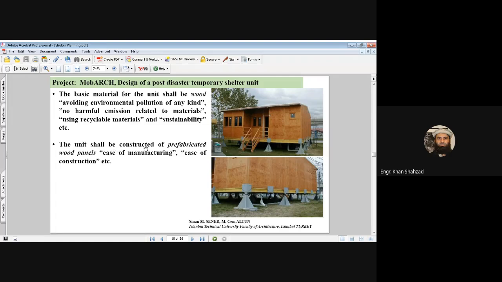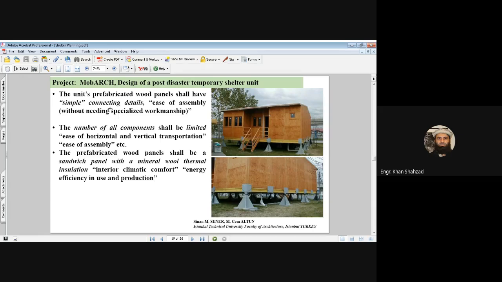The unit shall be constructed of prefabricated wood panels. So these are prefabricated panels, for ease of manufacturing and ease of construction. Again, you will get this from the suppliers or from the donors, and it will be in prefabricated form. You just need to assemble them on site.